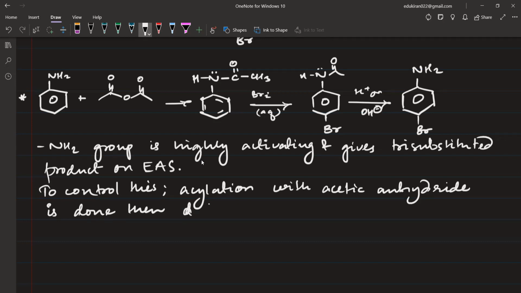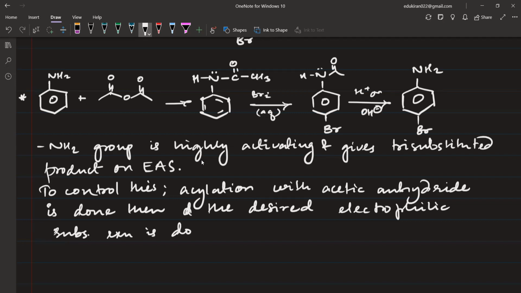Then the desired electrophilic substitution reaction is done.